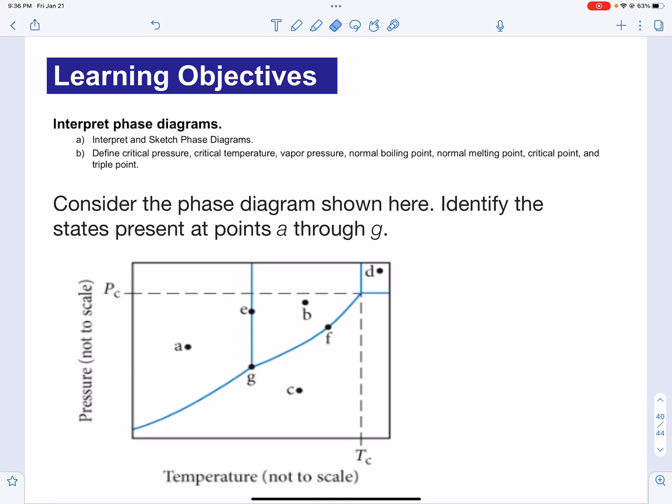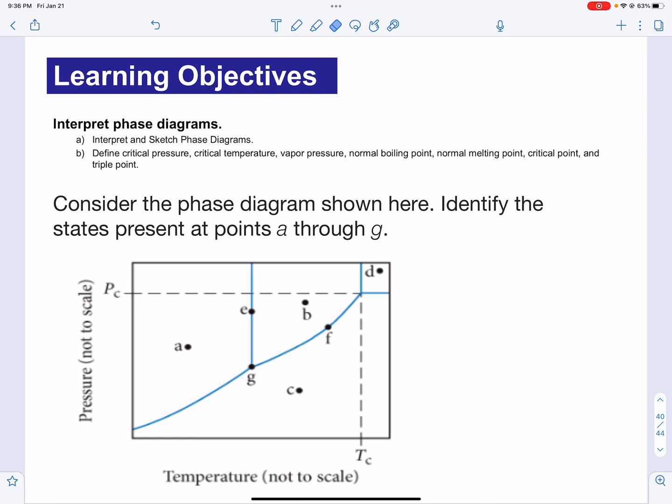So, new objectives: phase diagrams. What is a phase diagram? A phase diagram is nothing more than relating data of pressure and temperature to see how that changes the state of matter. Remember, in a solid, except for water, the particles are very close together.